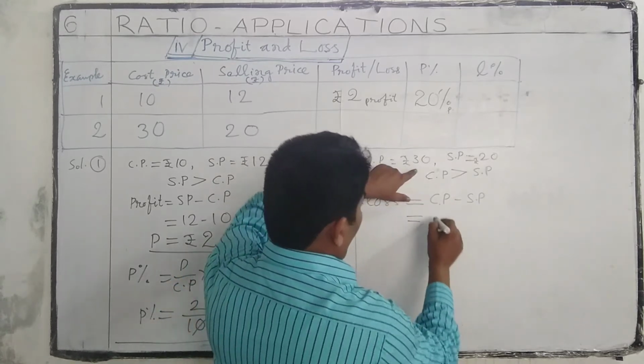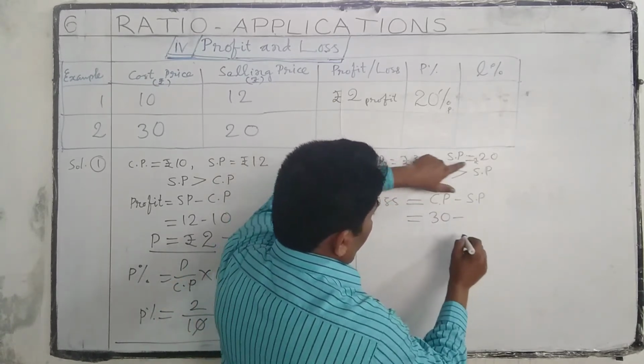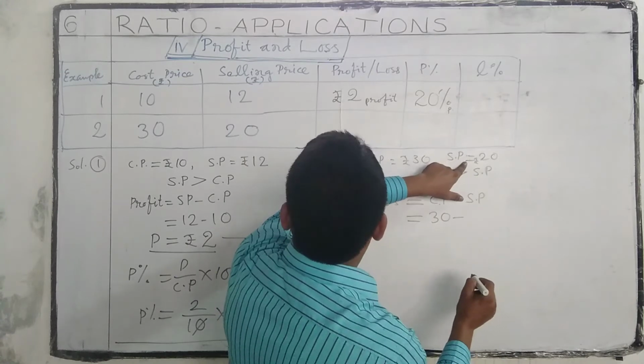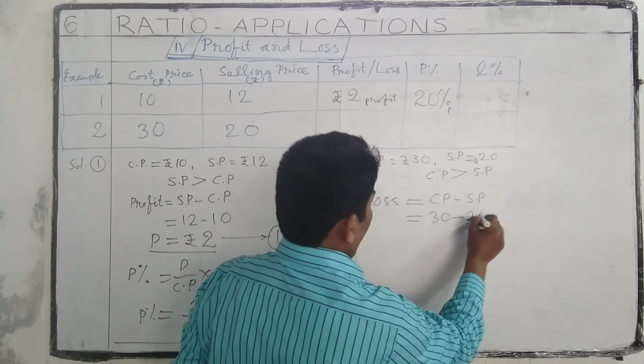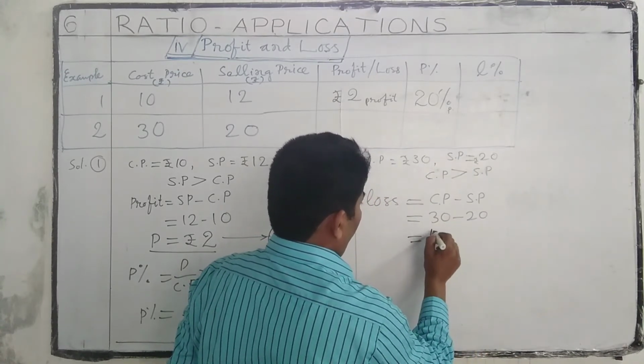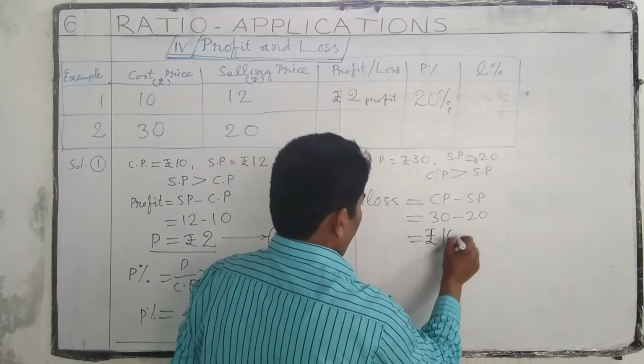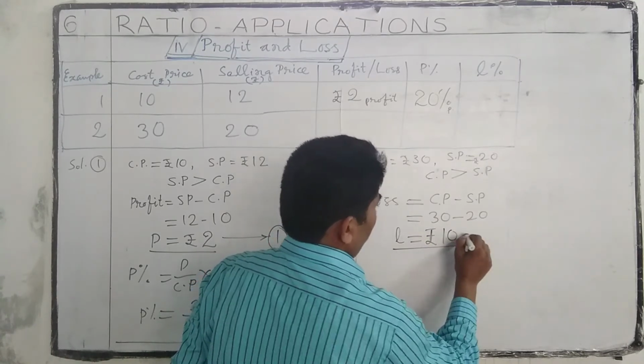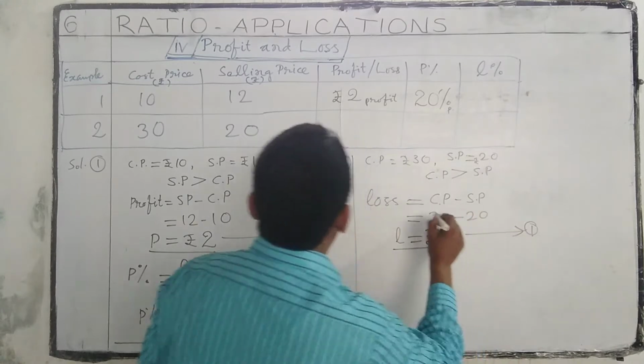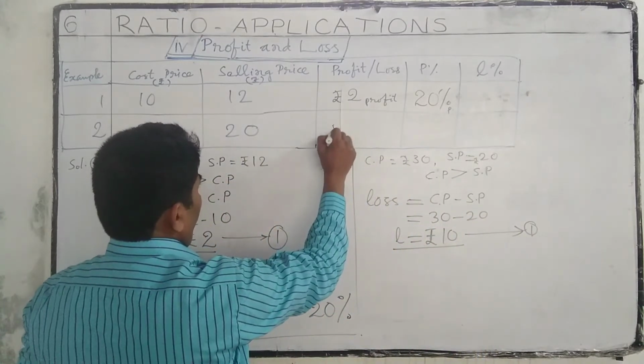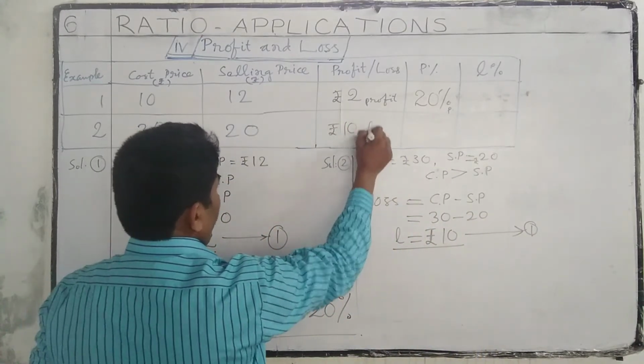Here CP is 30 rupees minus selling price 20 rupees, 10 rupees loss. Here we have to write 10 rupees loss.